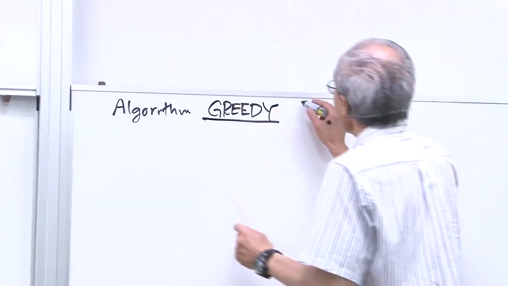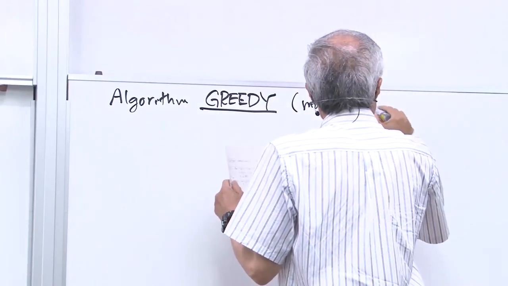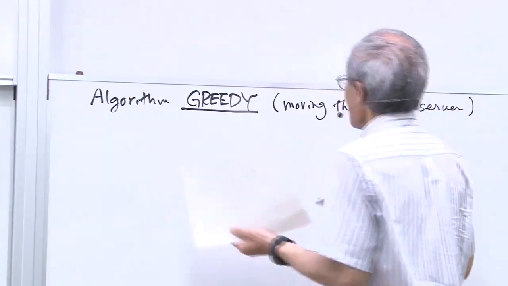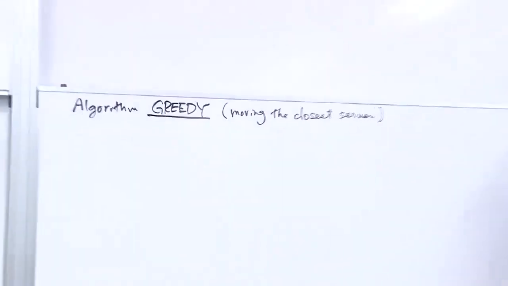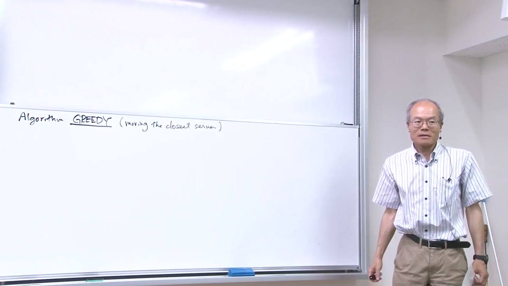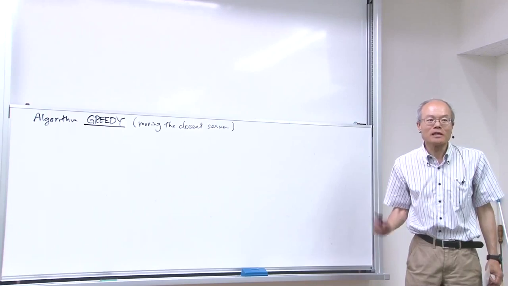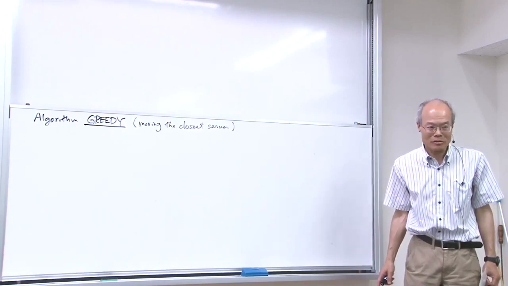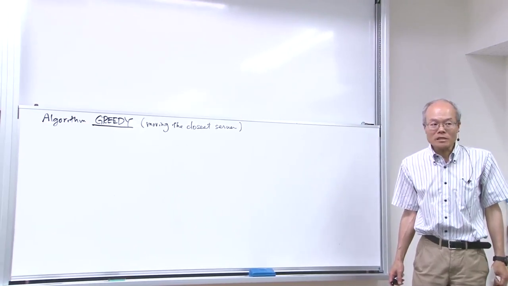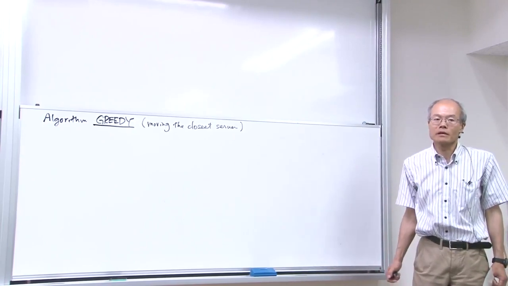That means moving the closest server, the server which is closest to the requested point. That is the most natural algorithm. The question is if this algorithm is good or not. Using our comparative analysis, this algorithm is not very good.